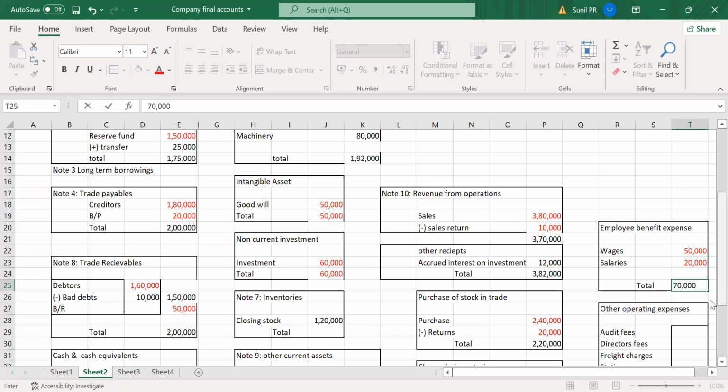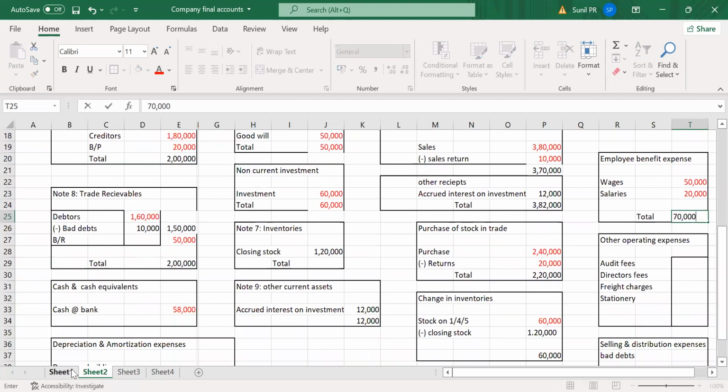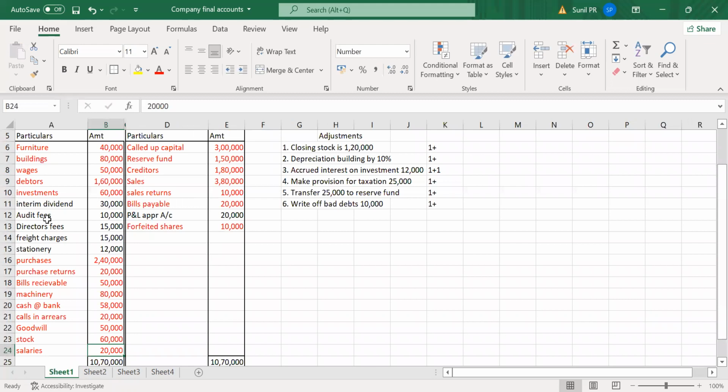The next one is other operating expenses. Any other expenses you find in the problem, put it in other operating expenses. As I told, see, audit fees, directors fees, freight charges, stationery.